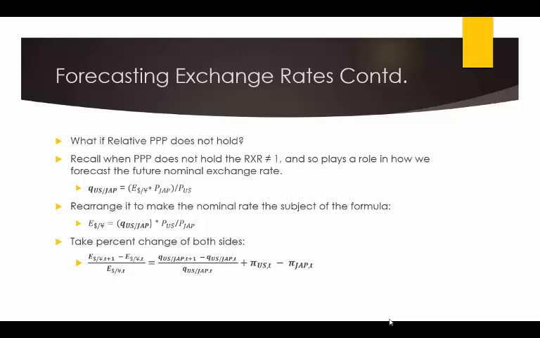We simply rearrange the formula for the real exchange rate so that we have an expression for the nominal exchange rate in terms of the real exchange rate and the price levels of the two countries. Taking the percent change in this expression gives the expected depreciation of the nominal exchange rate being equal to the expected real depreciation plus the inflation differential between the two countries.